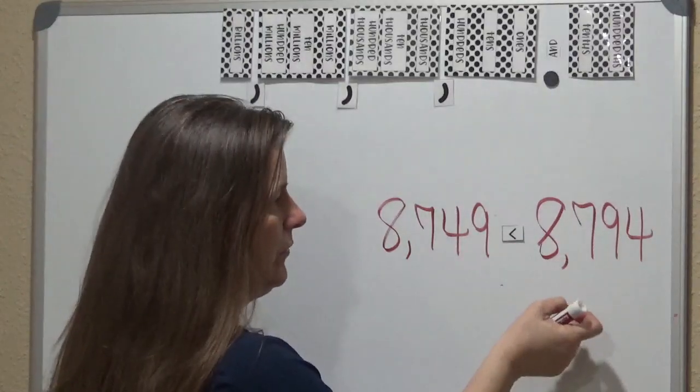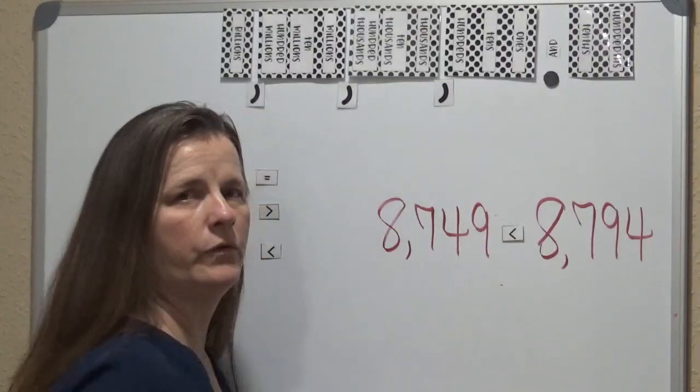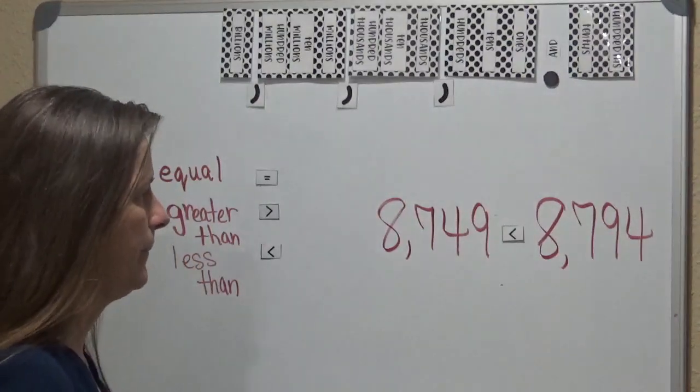Pac-Man is eating the larger number, and the arrow is pointing towards the smaller number.